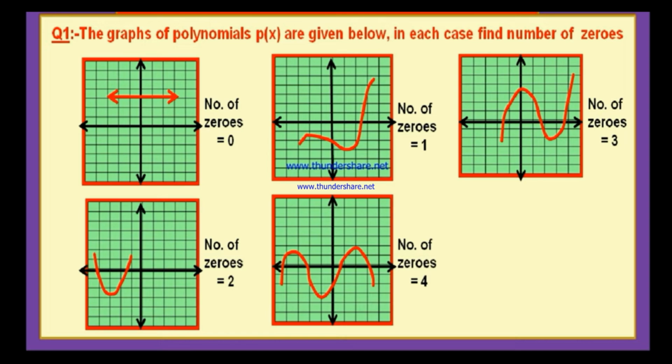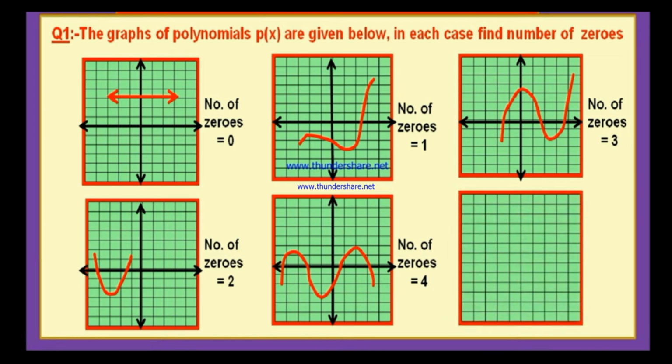The polynomial value is 0. If the total polynomial value is 0, then you have to find the x value. That x value itself is the zero. Therefore, to find the number of zeros, you have to find at how many points that curve intersects x-axis. In this case, this curve is intersecting x-axis at 4 points. Therefore, the number of zeros of this curve is 4.